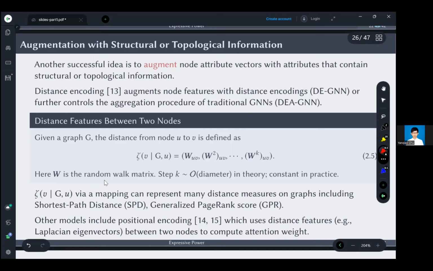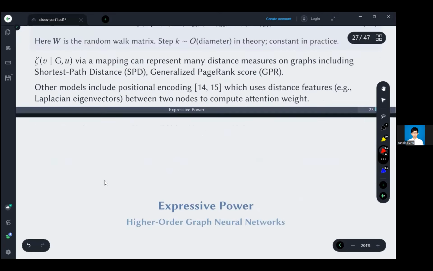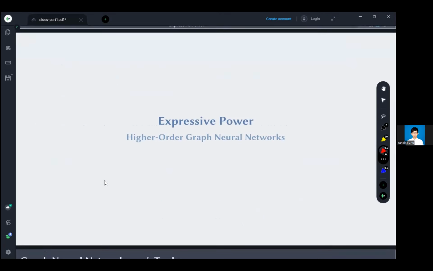You can check the original papers later. So far, this is the first part: how we can relate our graph neural network model to a local algorithm by giving some identity information of the node.